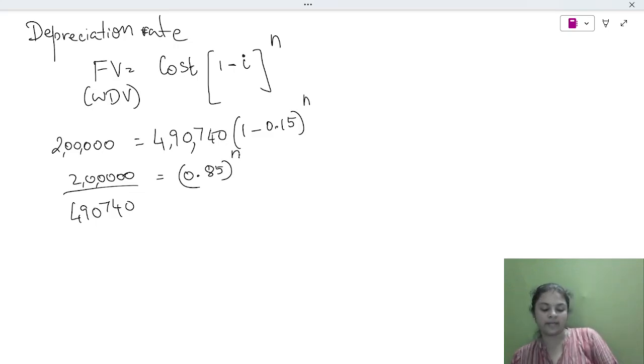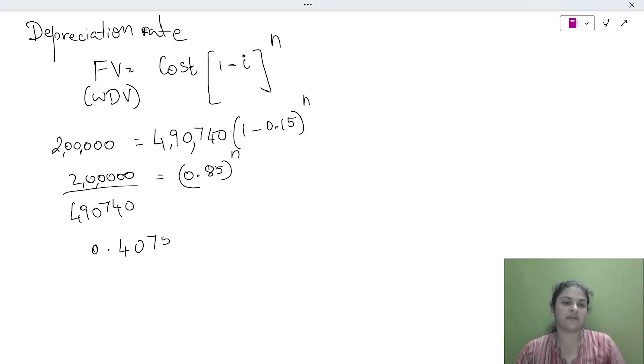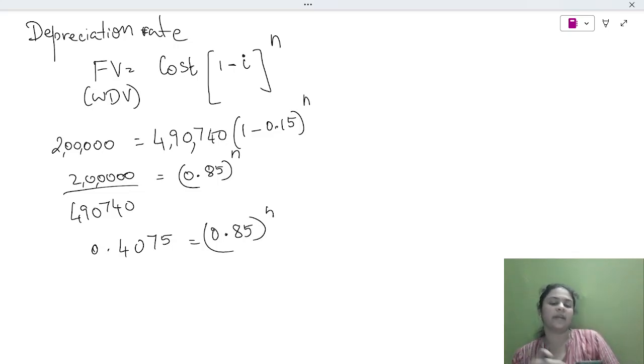So let's calculate. 0.4075 is equal to 0.85 the whole power n. So what you can do is just do 0.85 into 0.85 into 0.85. See where the value is coming as 0.4075. Let's try.